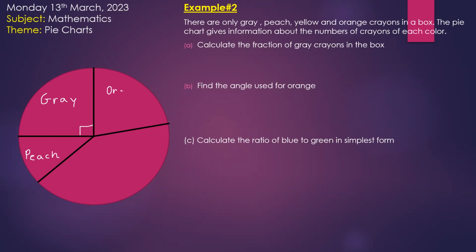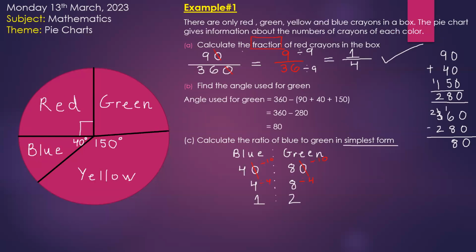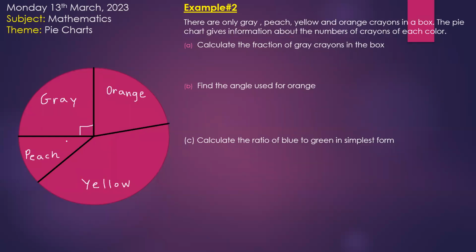We have orange. And we have yellow again. Okay, last time we had 40. Let's make it 30 this time. 30 degrees. And let's say that this one is 170.